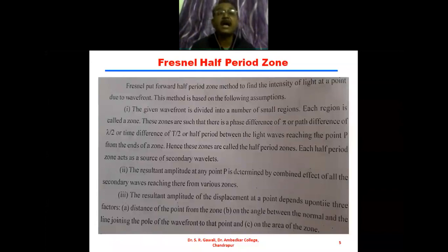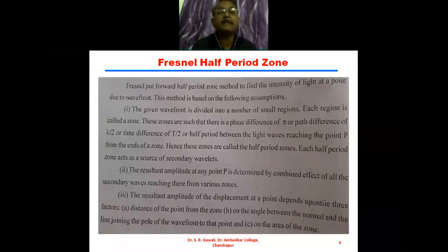These zones are such that there is a phase difference of pi, or a path difference of lambda by 2, or a time difference of T by 2, half period, between the light waves reaching the point P from the ends of the zone. So these annular regions are called the half period zones.